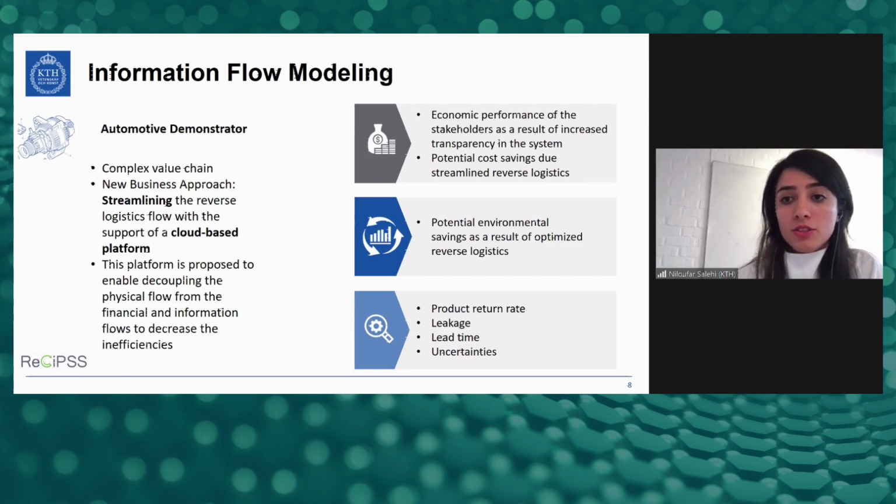So they could manage the inefficiencies by having transparency of the information and information flow in their system. By this modeling and simulation, we could tell them how much their economic, environmental and technical performance will be improved. For example, in the technical performance, we could tell them how much leakage would be reduced and how much the lead time would be improved.